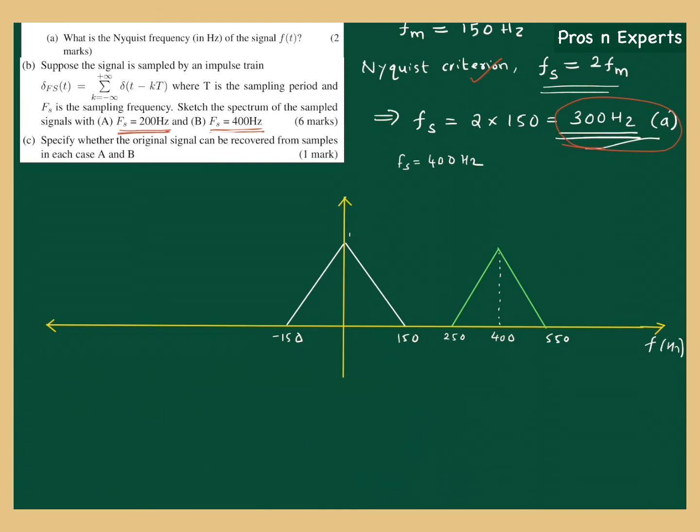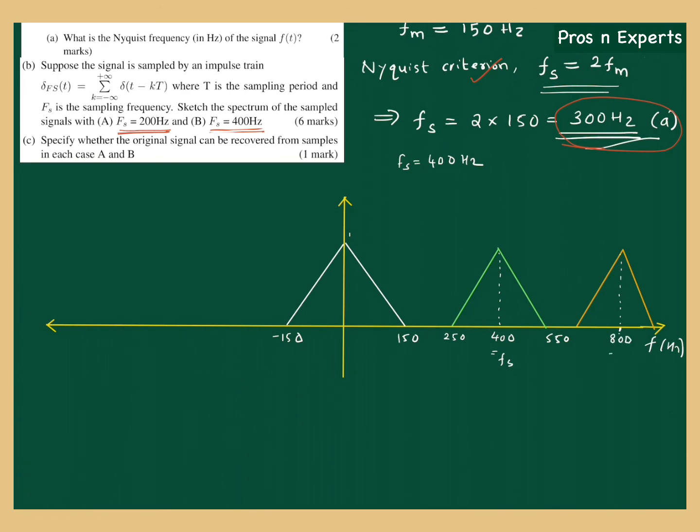Now what will be the next replica? I can draw it in another color. The next replica is something like this, and we are interested in the frequency values of these boundaries. What will be here? It will be 2fs. This is equal to fs, and 2fs will be 800 hertz.